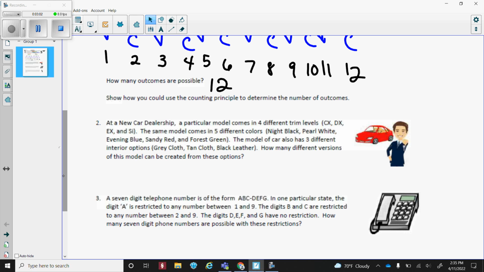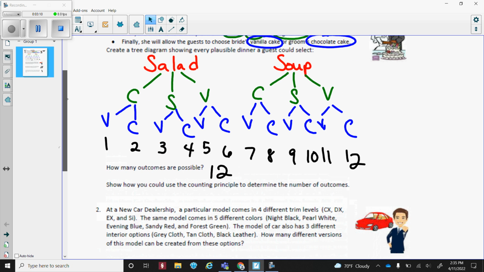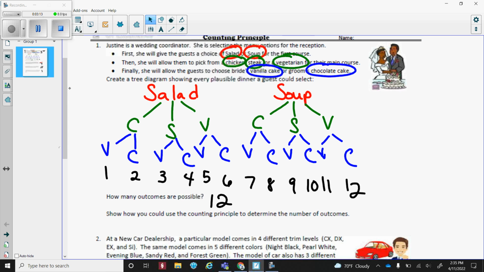How can we use the counting principle to determine the number of outcomes? Well, let's back up just a little bit. How many options did we have in red here? We had 2 options, salad or soup. If we look at the main course, how many options do we have? 3 options.